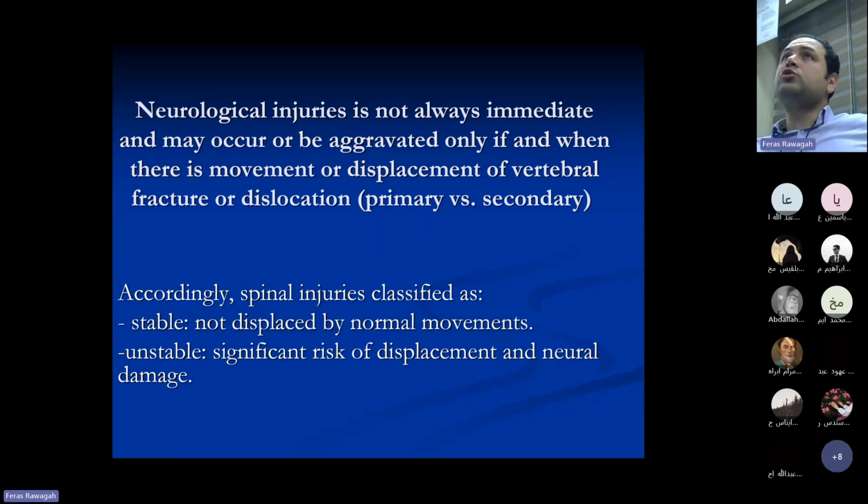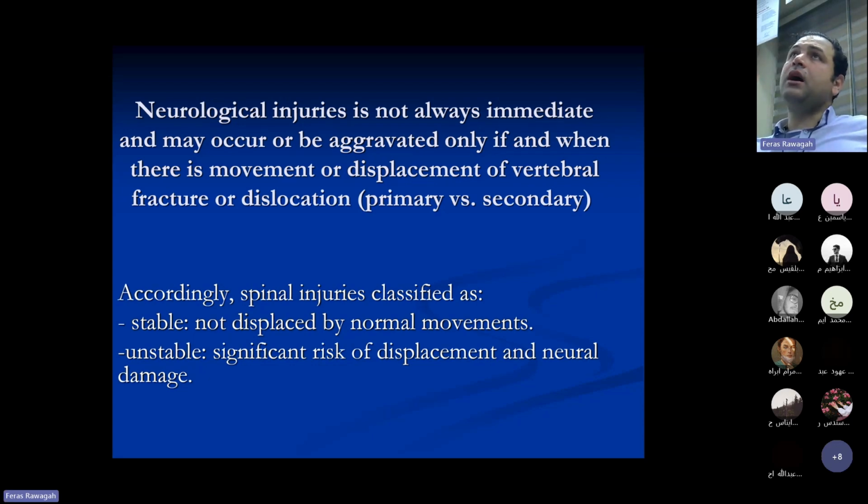In the spinal cord, what are the examples of secondary damage? One of them is mobilization. If there is unstable fracture and you mobilize the patient, this can result in movement of the fracture parts hitting the spinal cord. This is secondary damage. How to prevent this?